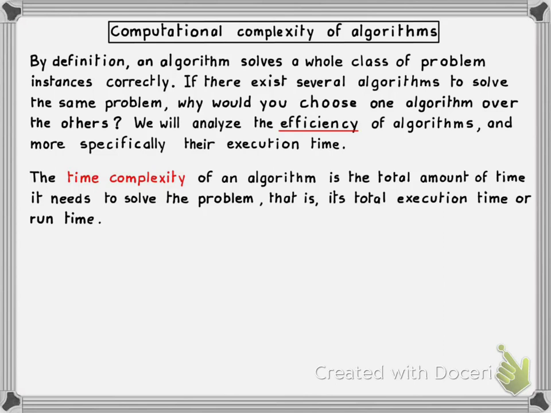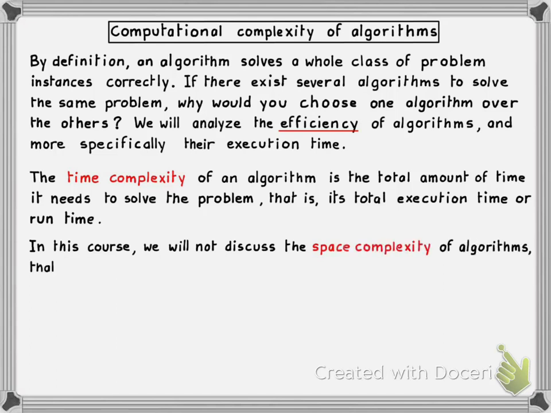Now, this aspect of computational complexity of an algorithm is not the only one. Another important one is called the space complexity of the algorithm. That criterion has to do with the amount of memory that the algorithm uses during its execution. So in this course, we are not going to study the space complexity of algorithms. We're not going to use that criterion.